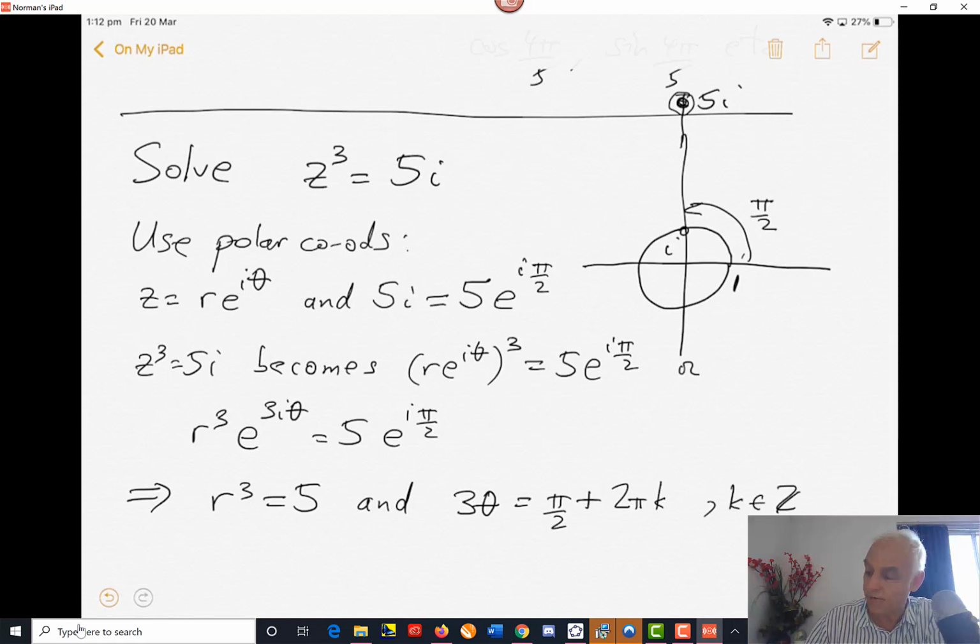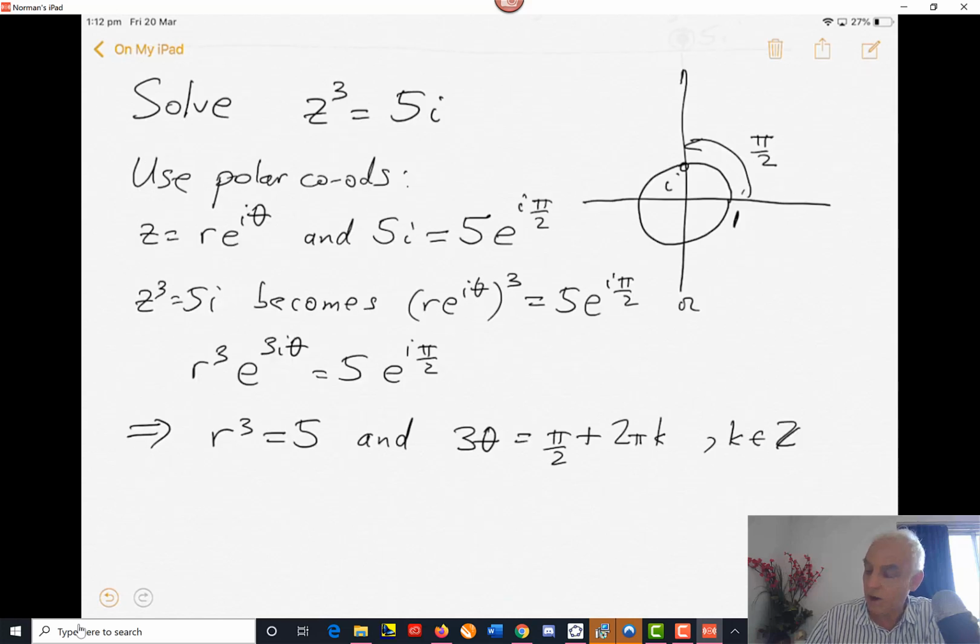There are quite a few possibilities encoded in this second equation. The first equation, because r is a positive real number, has to be r equals the cube root of 5. We can only calculate that approximately, but it has a unique value.